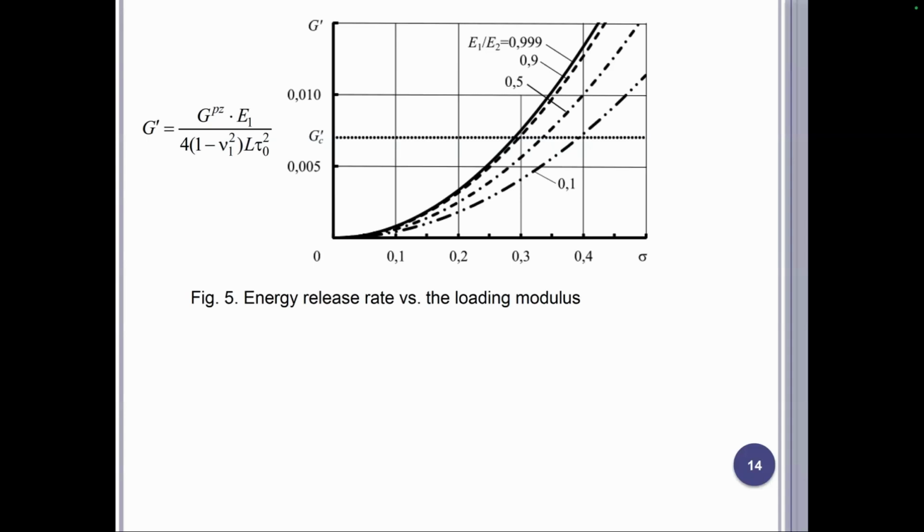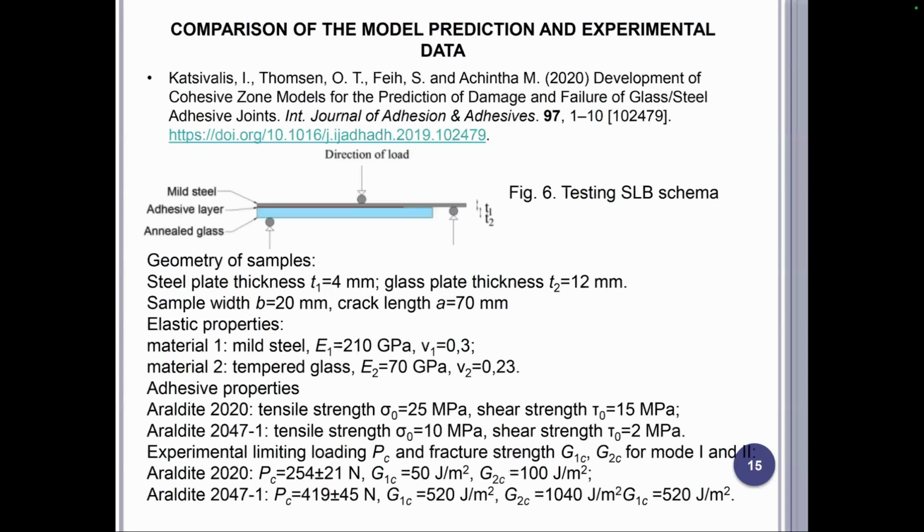Now some experimental background. We compare our data with experimental data from the work of Katsivalis, Thompson, and others on slide 15. Mild steel, tempered glass, and two adhesives. One of these adhesives is relatively brittle.